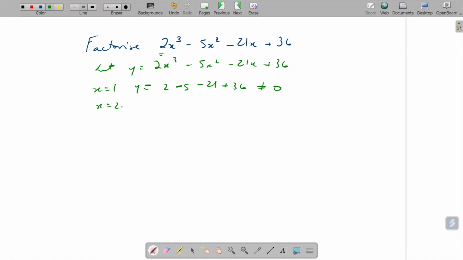We can try 2. y equals 16 minus 20 minus 42 plus 36. Again, I'm not overly fussed about the answer. The key thing is whether or not it equals 0. Hopefully I've done it correctly.